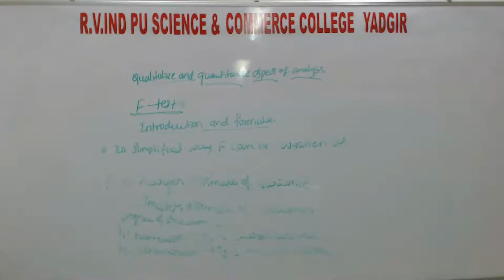And here, the calculated F value will be compared with the tabulated F value. I have given some critical values, as in the Q test. In this also, the calculated F value will be compared with the tabulated value of F for nu1 and nu2 at the 1% or 5% level of significance.